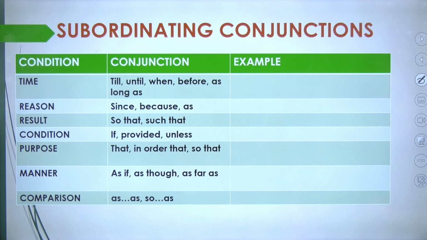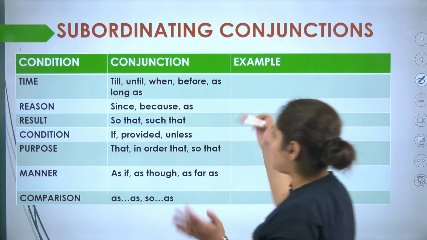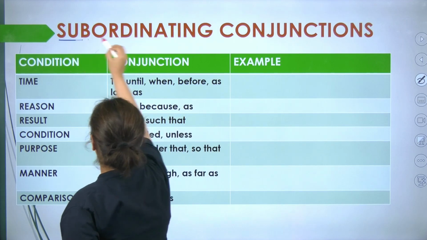Now we have the next part, and this is the subordinating conjunctions. How is this different? Subordinating conjunctions are different because they connect words and phrases that link one dependent and one independent clause. They will not link two equal things.